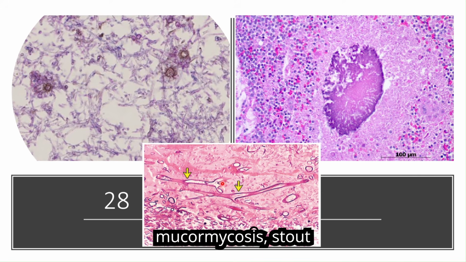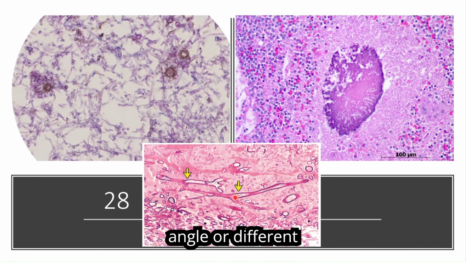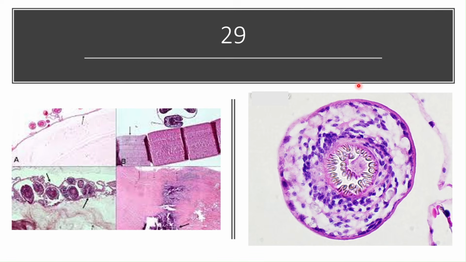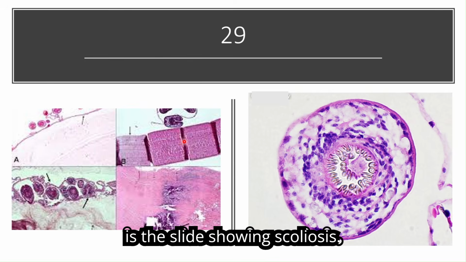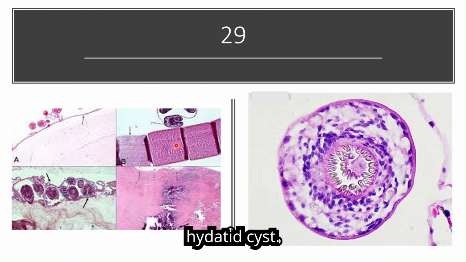This is mucormycosis: stout and thick hyphae with wide or different angles at the hyphal border. So, aspergillosis, mucormycosis, actinomycosis. This is the slide showing scolex. So it is Echinococcus granulosus or hydatid cyst.